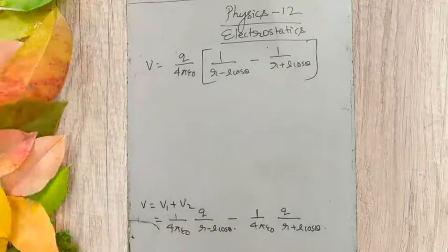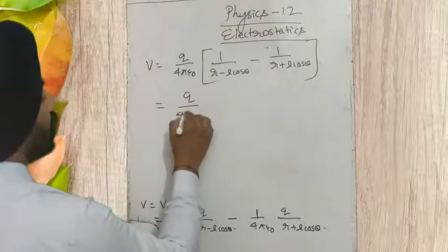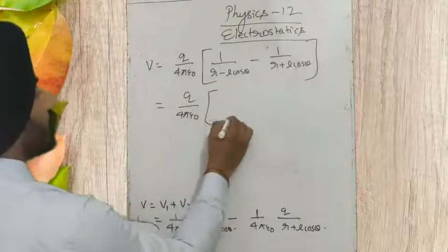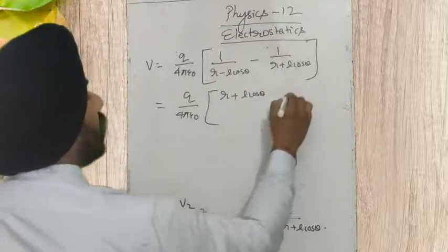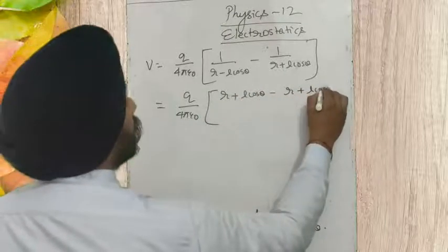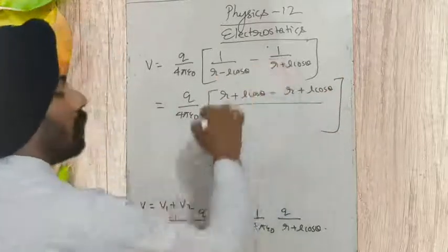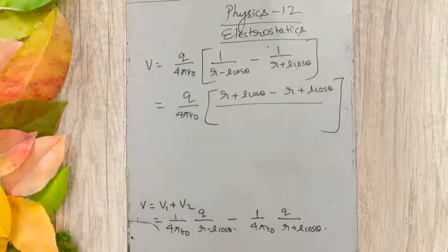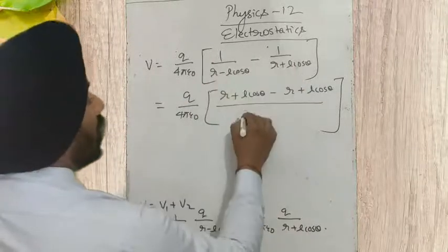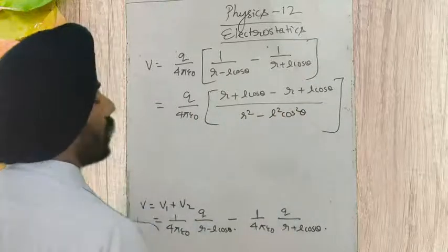Taking the LCM, we get R plus L cos theta minus R plus L cos theta, because the minus sign we have taken changes the minus into plus, all upon R square minus L square cos square theta.